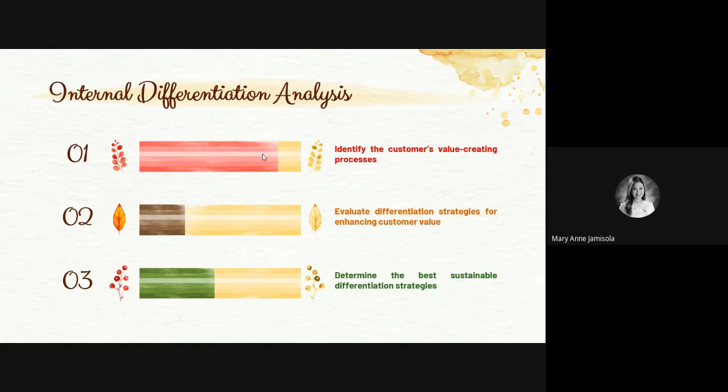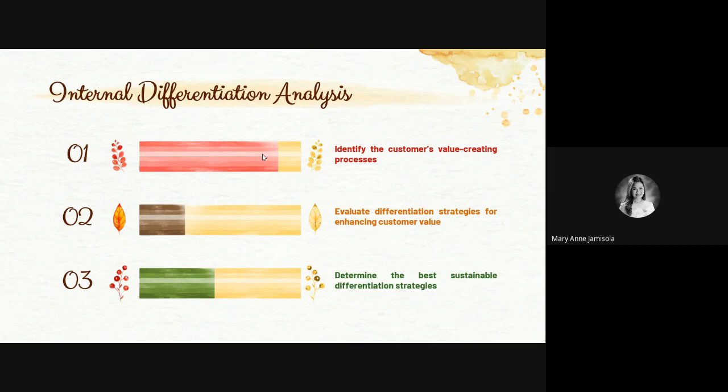So for the first one, again, identify the customer's value creating processes. The company must identify various activities in its value chain which are undertaken to deliver products or services to its customers. Differentiation comes from the way various activities are performed and the way in which the value chain is structured.